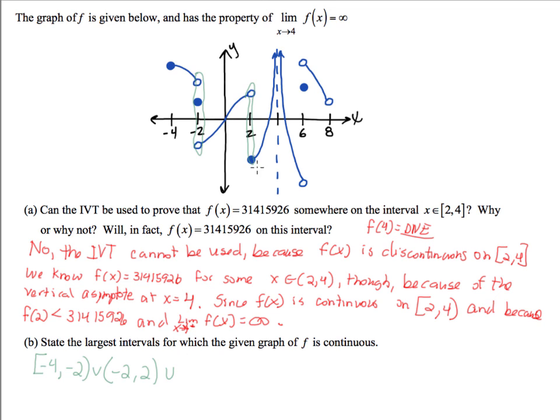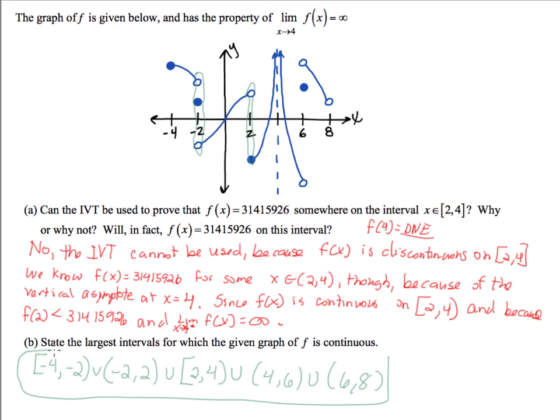Although here the function value at 2 is equal to my limit, so I do include that endpoint of 2, but I do not include the endpoint of 4. And then my next interval doesn't include 4 and doesn't include 6, so it's from 4 to 6. And then I don't include the 6 and not the 8, so from 6 to 8. So that is all of my intervals of continuity for this graph.